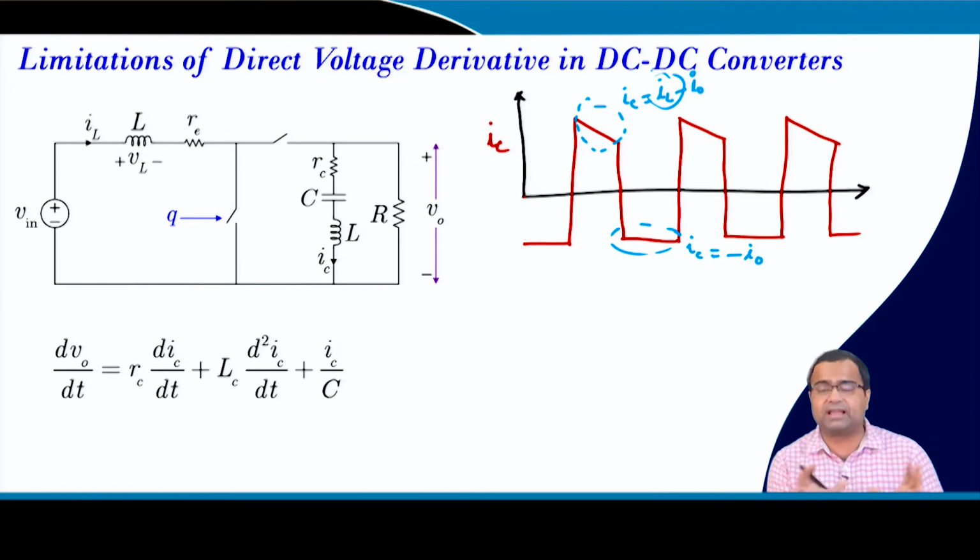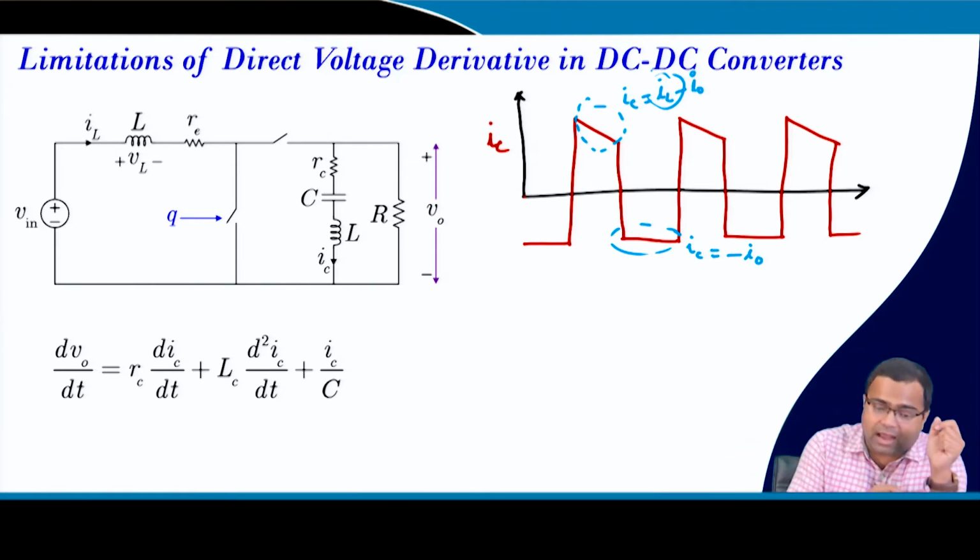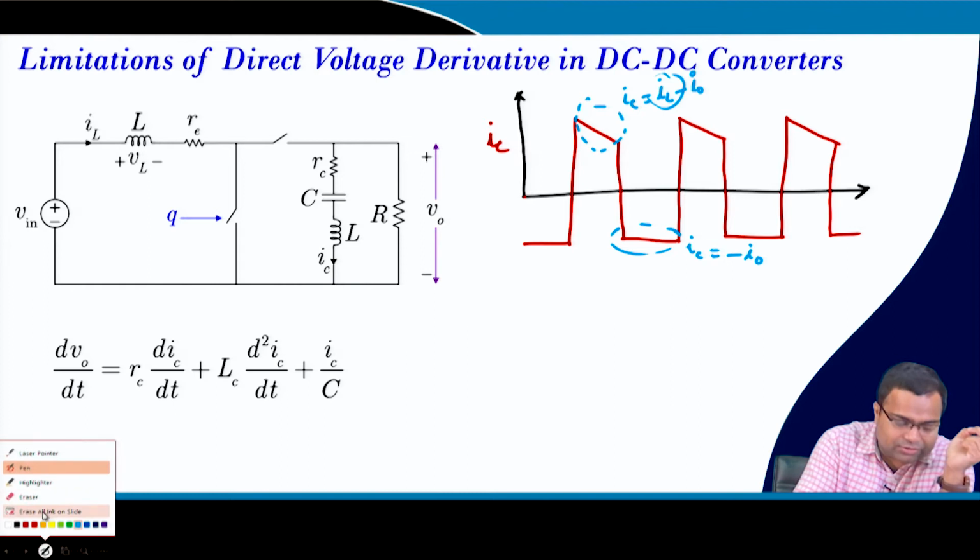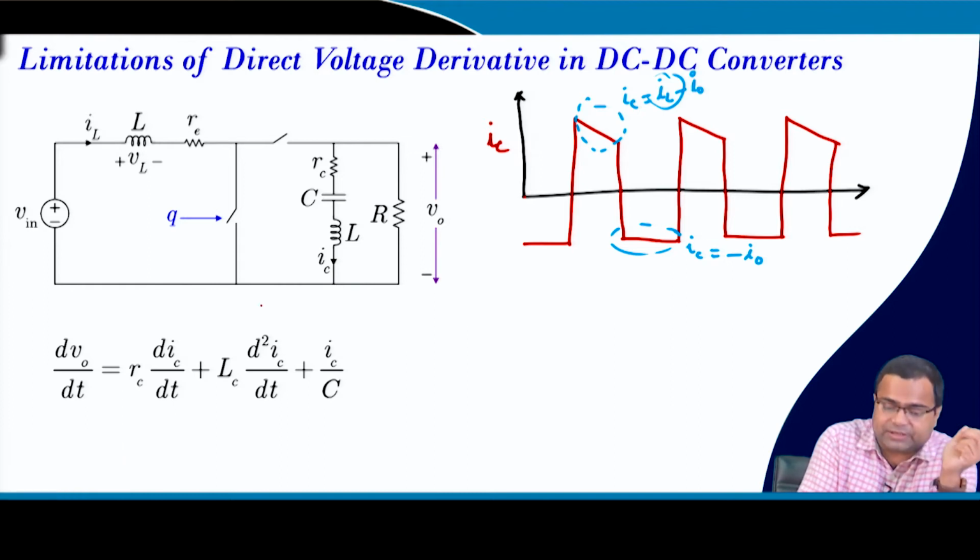That makes the capacitor current discontinuous for a boost converter, and as a result, if you take the derivative again, because we have already discussed, what was our output voltage expression?